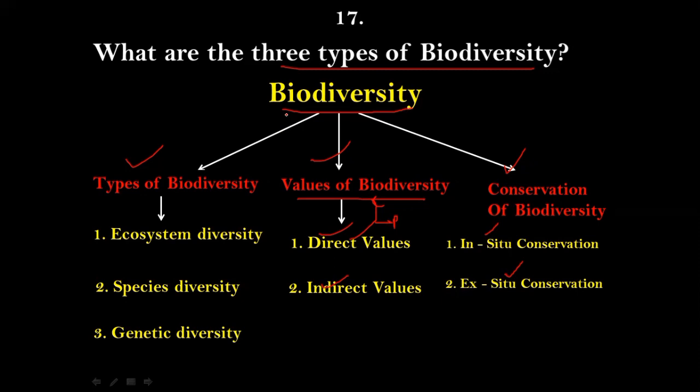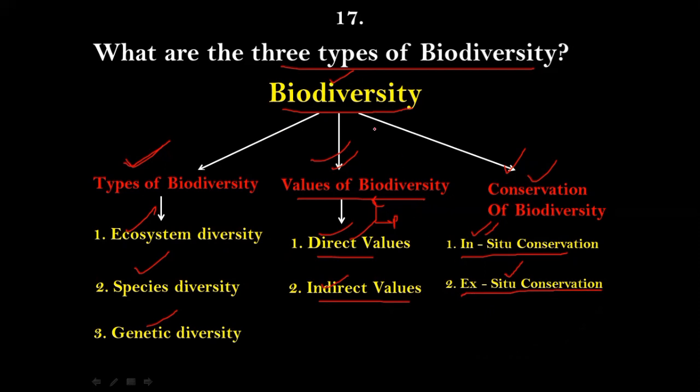So for now, all we need to keep in mind with regard to the topic of biodiversity is the types of biodiversity, that is ecosystem, species diversity, and genetic diversity. Values of biodiversity, we have direct values and indirect values. Conservation of biodiversity can be done in two ways, that is in situ conservation, also called on-site conservation, or ex situ conservation or external conservation of biodiversity.